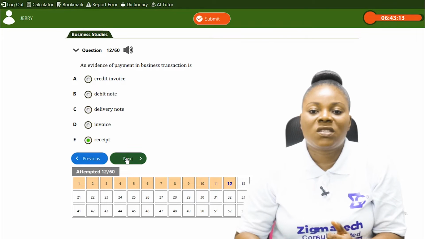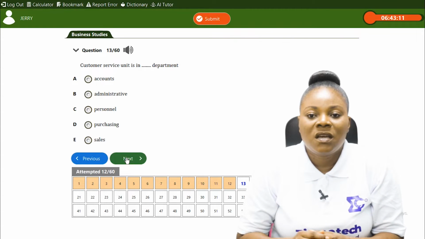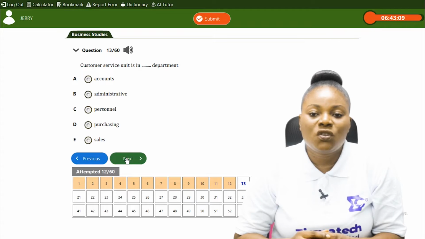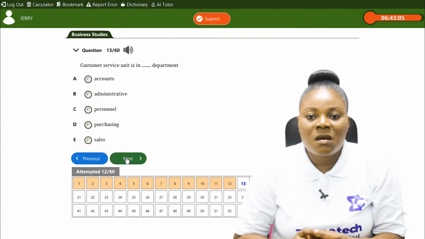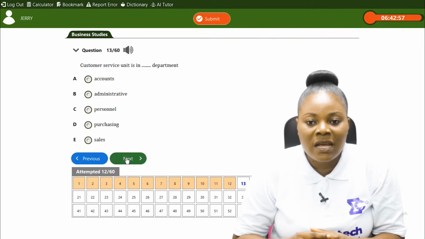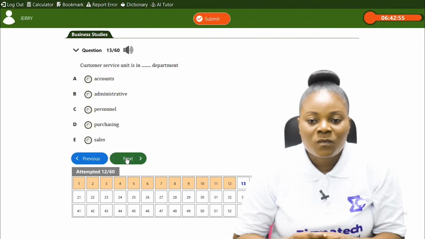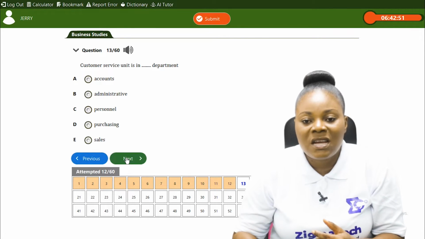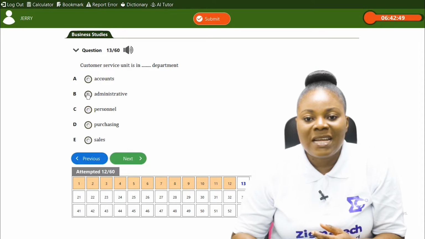We move to the next question, question 13. It says the customer service unit is in dash department. Is it accounts department, or administrative department, or personnel, or purchasing, or sales? The customer service unit in every organization is under the administrative department.